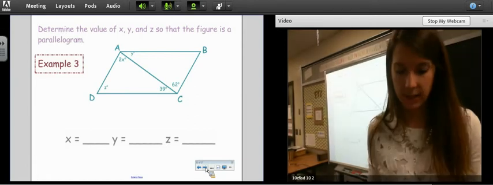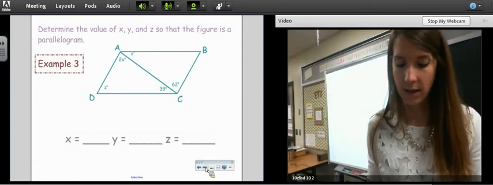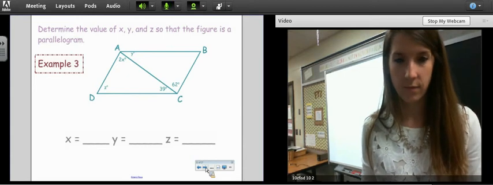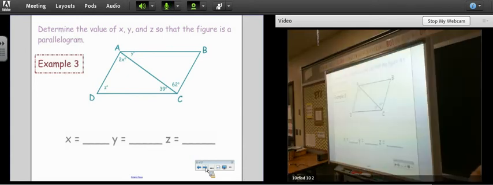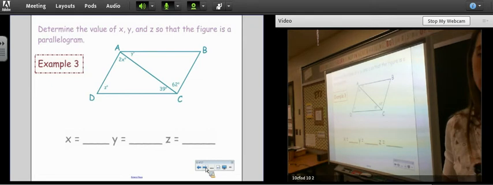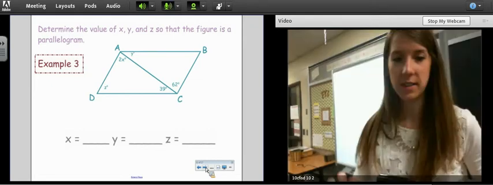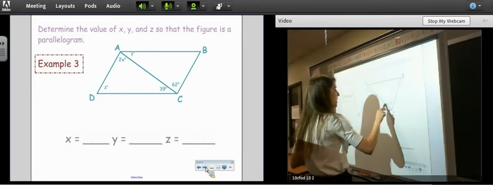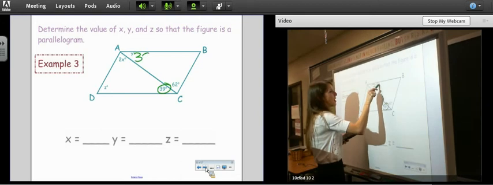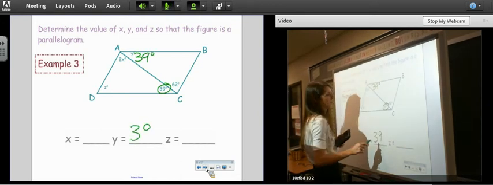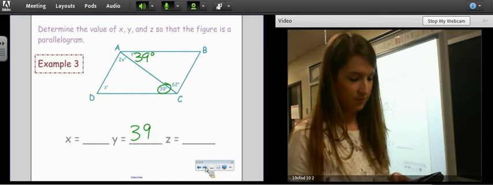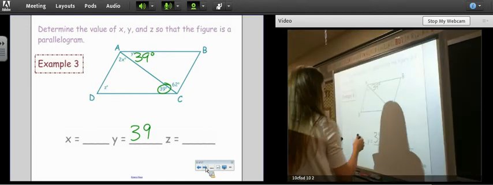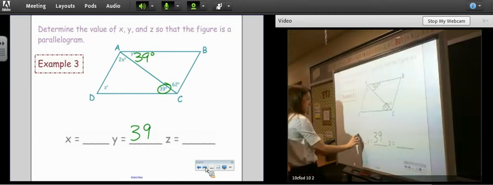Helaman, you got x. Tahani, you got y. Jenny, you got z. Alternate interior, 39, 39. 62 divided by 2, because alternate interior angles are equal.